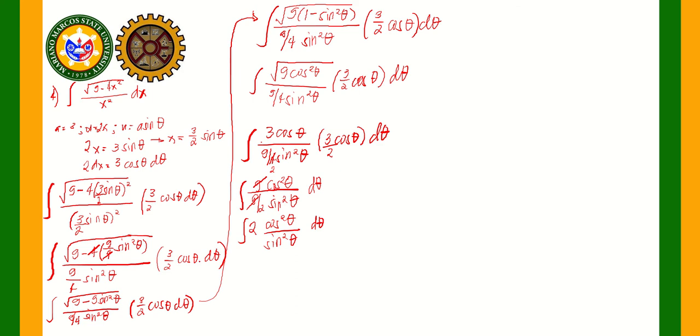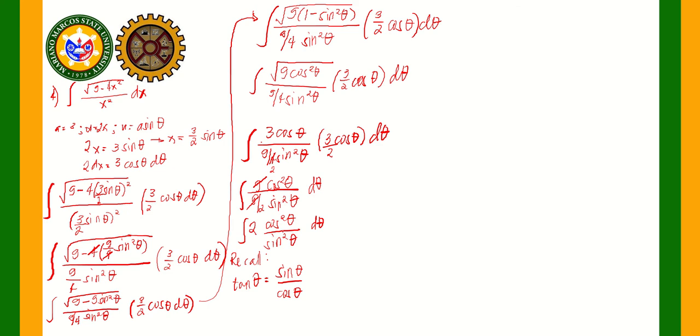Okay. So identity again. Recall that tangent theta is equal to sine theta over cosine theta. However, our integrand is a reciprocal of this one. So what is the reciprocal of tangent theta? That is cotangent theta.